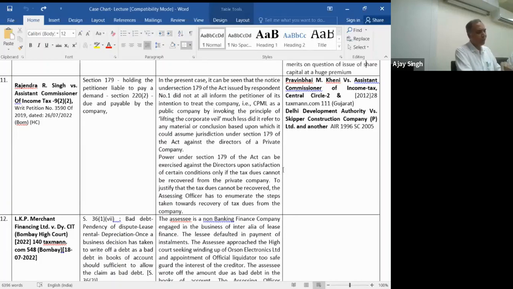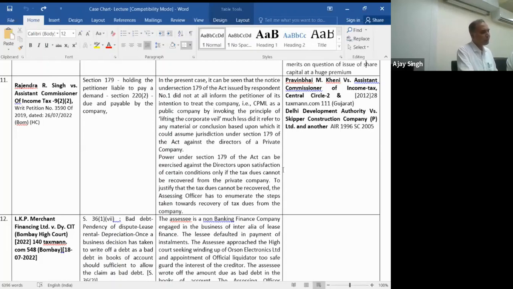Though it was in the context of 148 proceedings, this particular issue was taken up, and it reached the Bombay High Court, challenging on various issues, technical issues of non-providing of opportunity, etc. But when the matter was pointed out on merits before the court, that this was the particular issue and this is the purpose for which they want to do it, and on the same basis similar orders had already been passed in favor of the assessee for the other years also, the court went ahead and said that when this is the claim and the businessman has taken his own decision to write off the debts in his books of account, that is sufficient to allow the claim of bad debts.